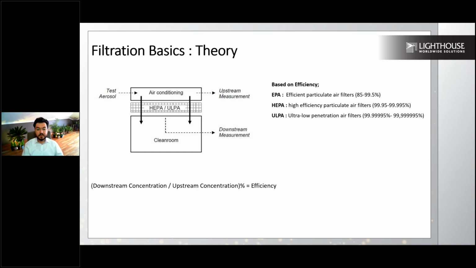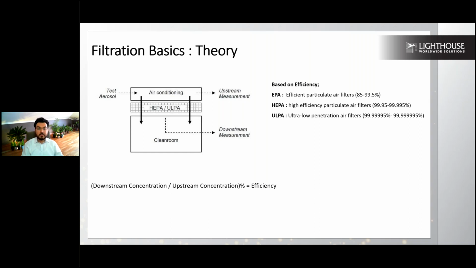The ratio between these two as a percentage gives you the efficiency of your filter. But there are different methods to verify this efficiency. You will hear this more and more today: efficiency testing is not an on-site installed filter test. Efficiency is what we are doing while we are manufacturing these filters.